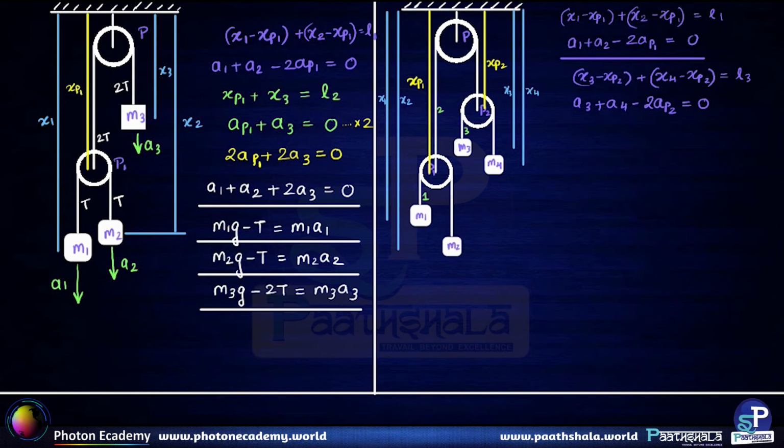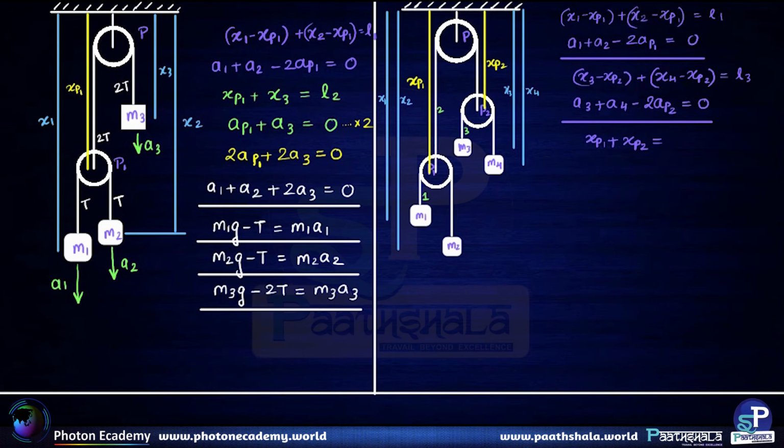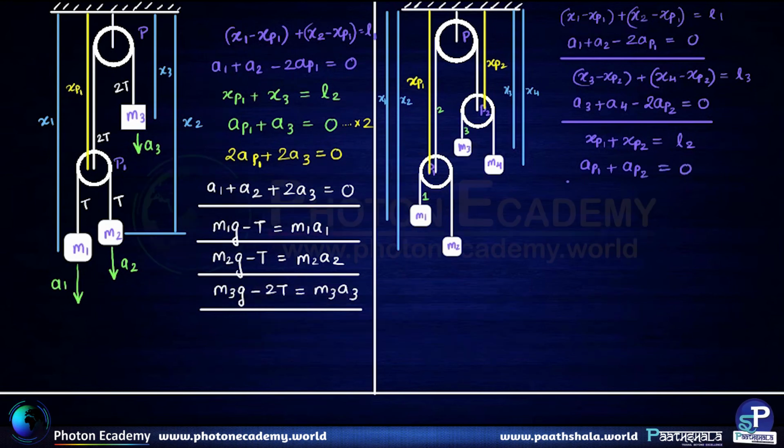So this happens to be the equation for string 3. Now talking about string 2, the constraint equation can be written down as xp1 plus xp2 is equal to length of string 2. On double differentiating we get ap1 plus ap2 to be equal to 0. So this is the third constraint equation.